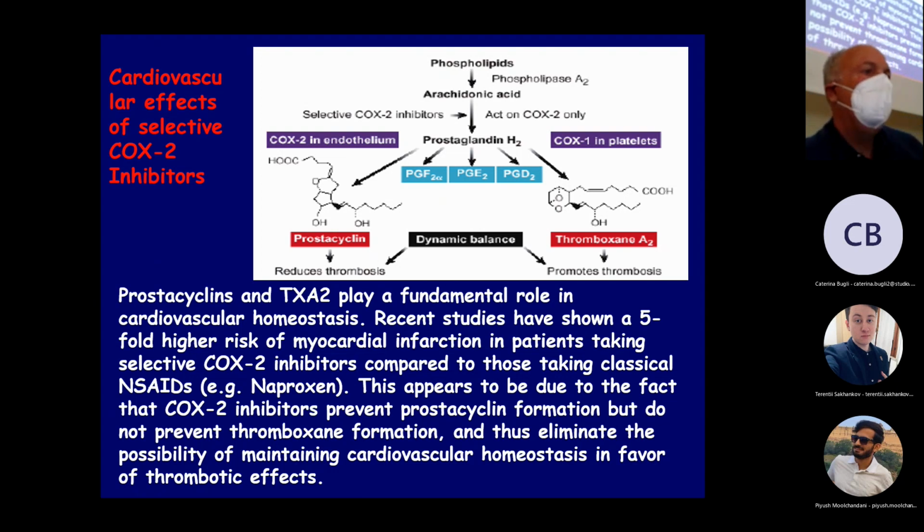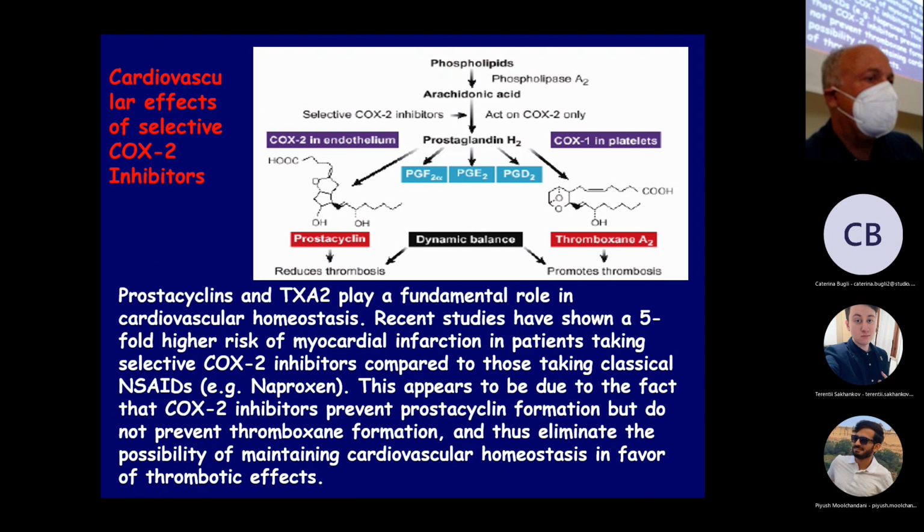COX-2 is inducible, yes, but it is also constitutive. In particular, it is present in the endothelium. And COX-2 is responsible for the formation of prostacyclin, which reduces the risk of thrombosis.